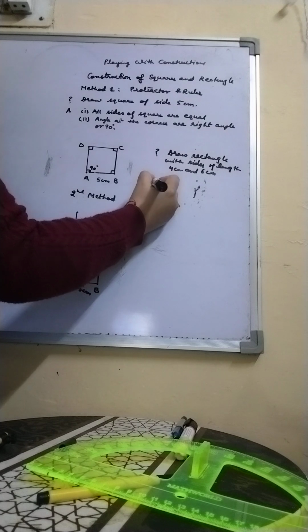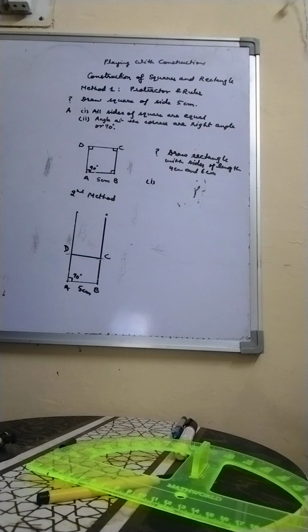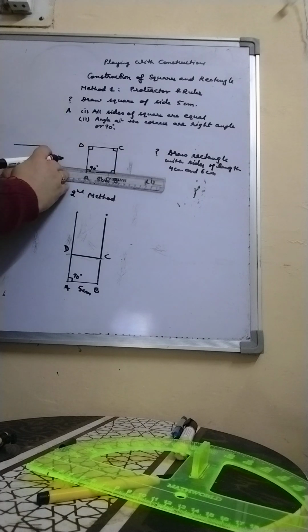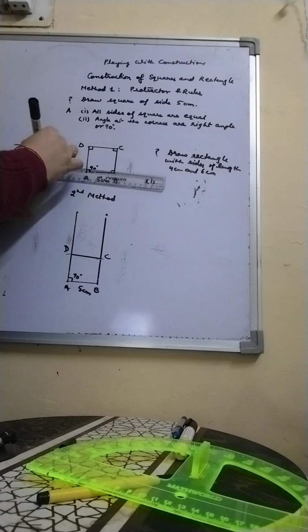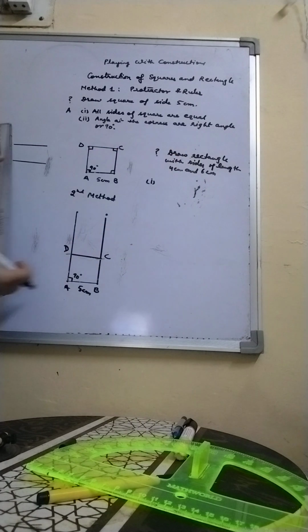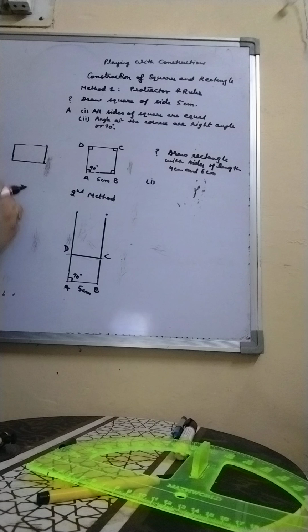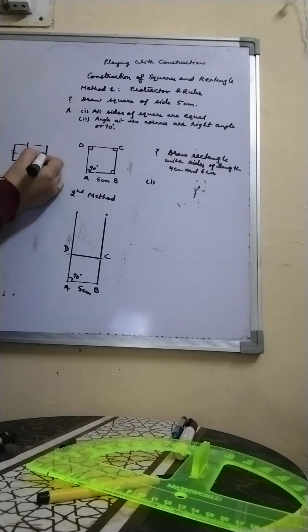That you should recall, remember everything. In a rectangle, your opposite sides are equal. Okay. So opposite sides are equal, whereas angles are 90 degree. Like this. So opposite sides are equal. These two are equal. These two are equal.